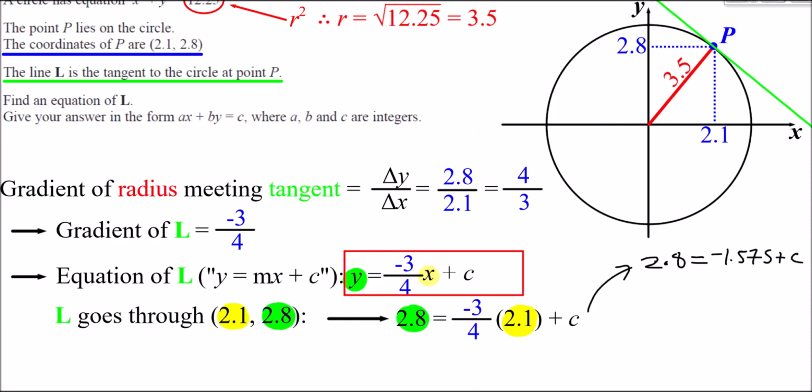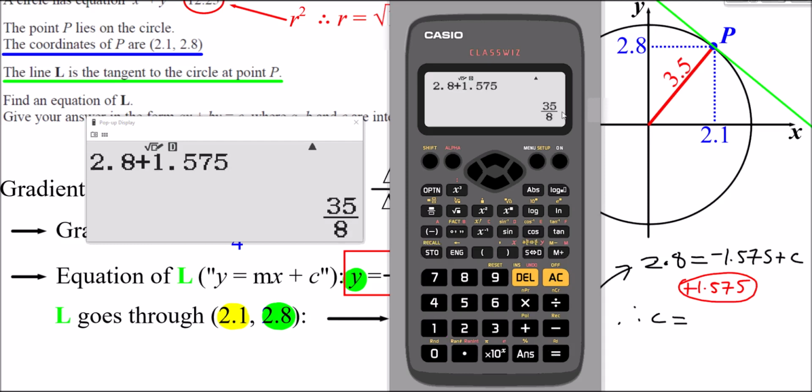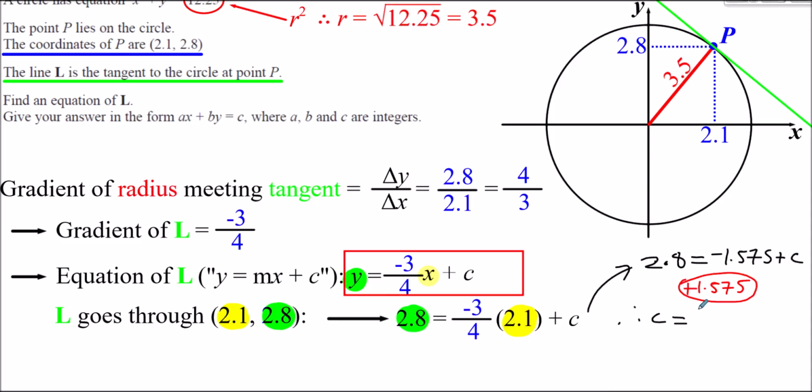Then if I add 1.575 to both sides, that will give me what c is on its own. So in other words, therefore, c is going to be 2.8 plus 1.575. Now, I'm going to leave it this time as a fraction. So I'm going to leave it as 35/8. I'm going to say c is therefore 35/8.